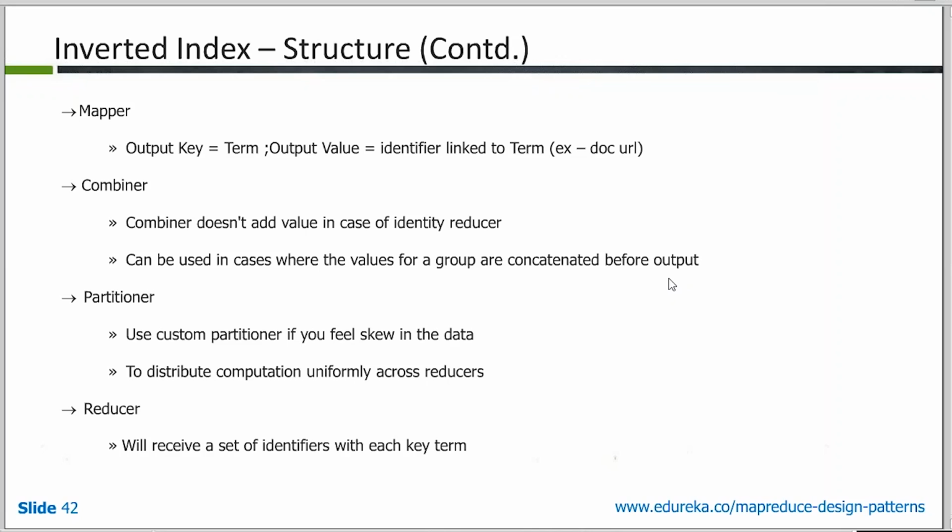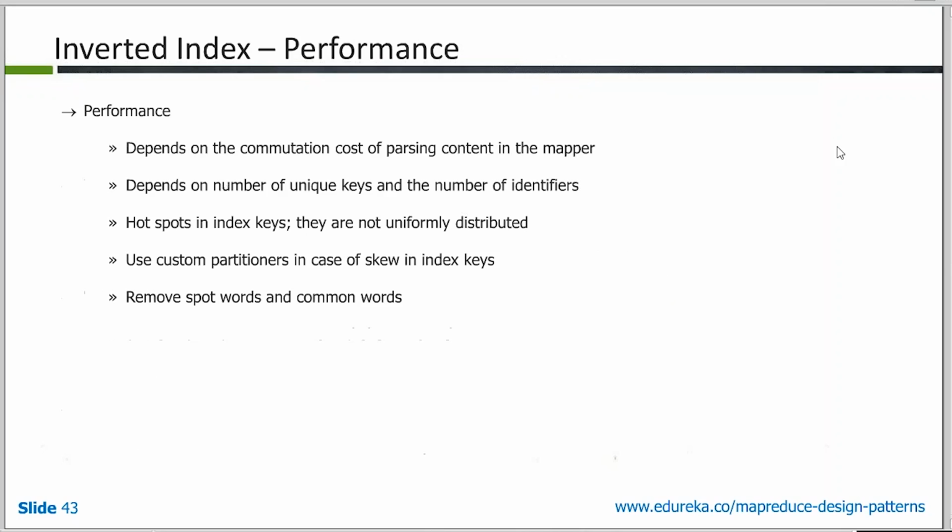Using a partitioner, of course, is useful, and I guess if you are writing an inverted index on really huge data, then a custom partitioner should be used. Along with that, you should also use a stop word list. That is the words which need to be removed from your terms list before you output the data into the inverted index.